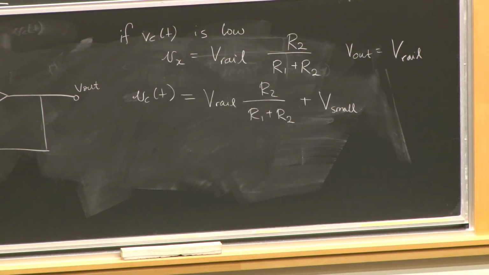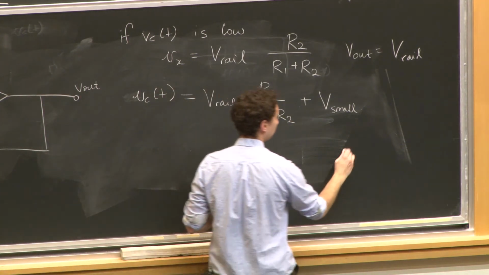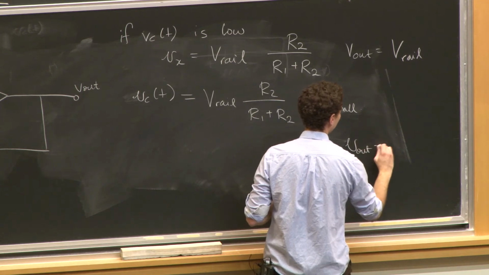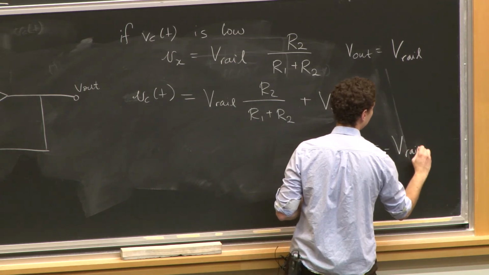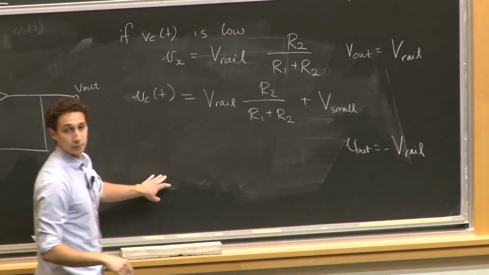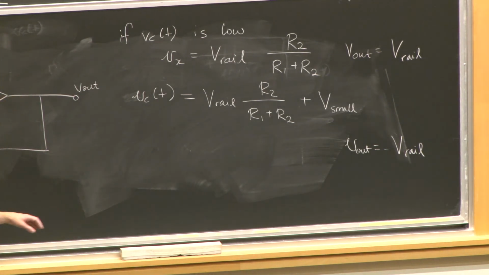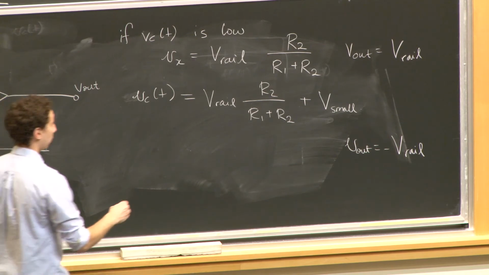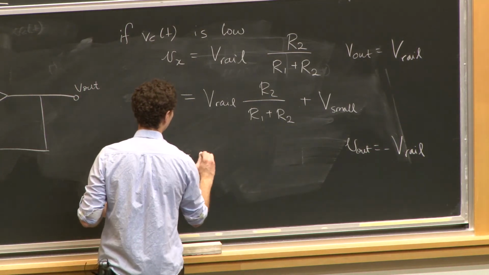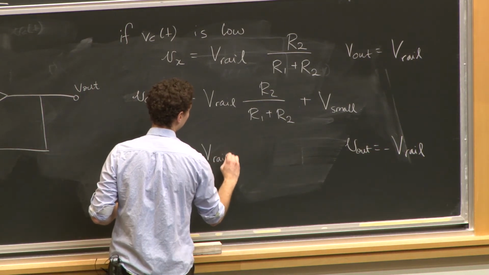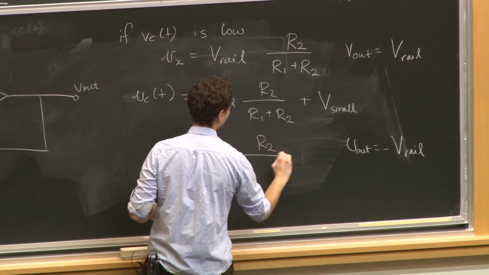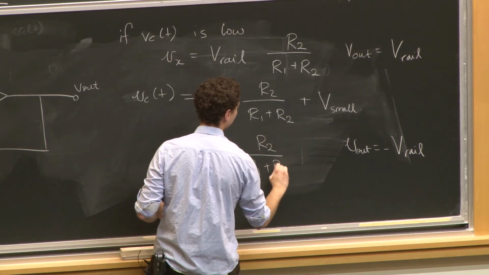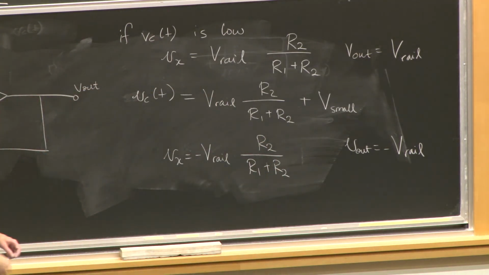What's going to happen to my output voltage? V out is going to go to minus V rail. It's going to switch to the opposite rail of the comparator. And Vx is then going to become minus V rail times R2 over R1 plus R2. And that's going to repeat forever.